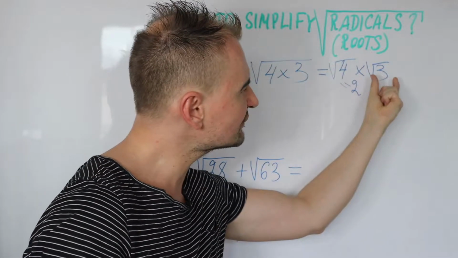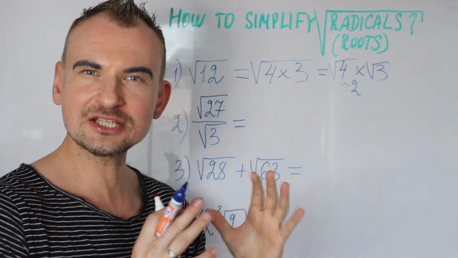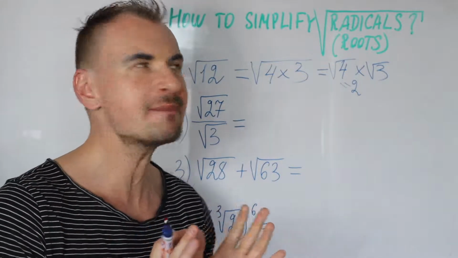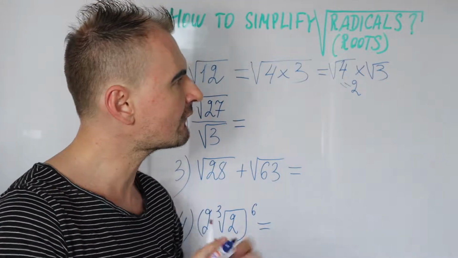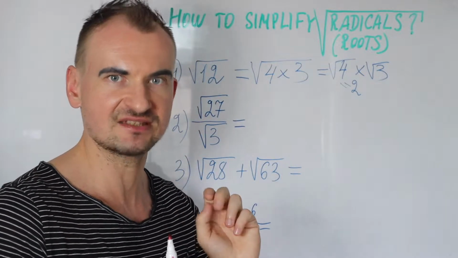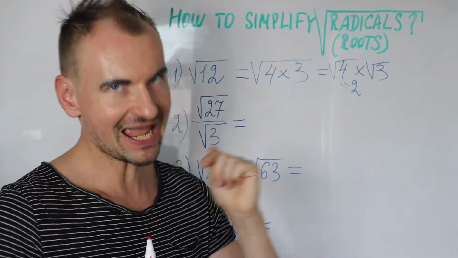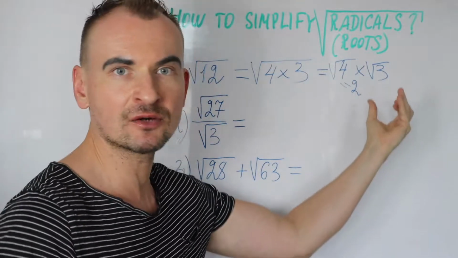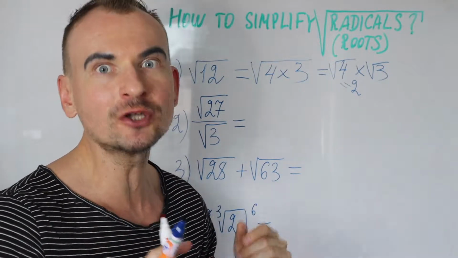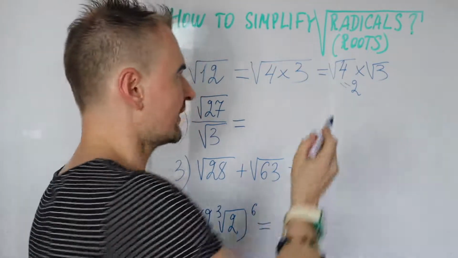Now, check to see: 3 is actually a prime number. What are prime numbers? Numbers, except 1, that have only two factors: 1 and itself. So 3 is a prime number under the root and it cannot be simplified any further.